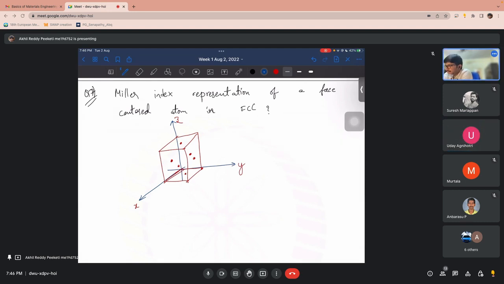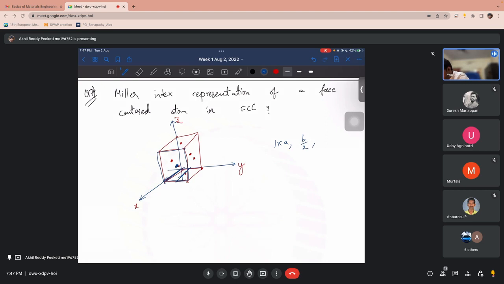Yeah, it can be, because for any of the 6 faces, I didn't specify which face it is. So one answer could be, you can look at this face. For this, the x component is 1 times, if that dimension is a, the position of that atom is 1 times a. And if you are looking at y, it's at b by 2.